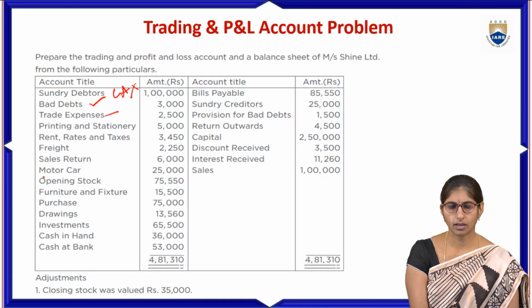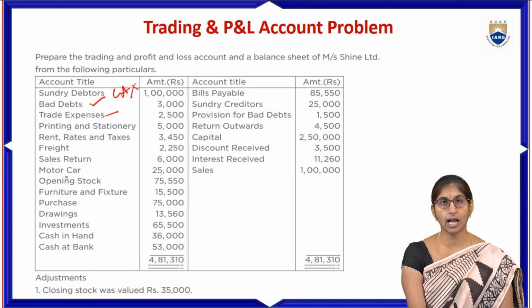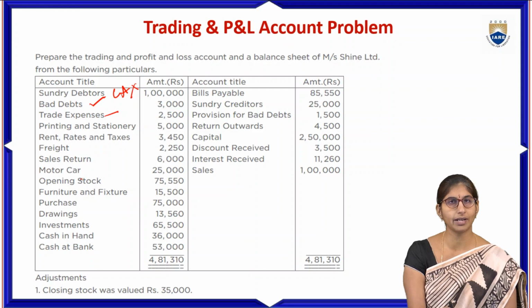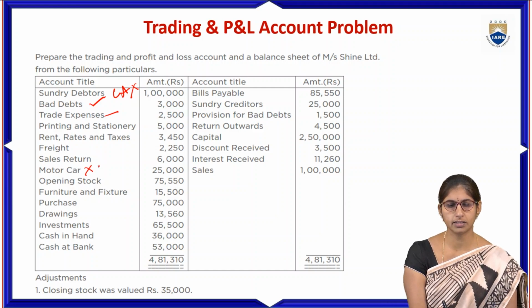Next, motor car. Motor car is an asset. It is not an expenditure. It is an asset. So we should not write in either trading or profit and loss account. This is a fixed asset.